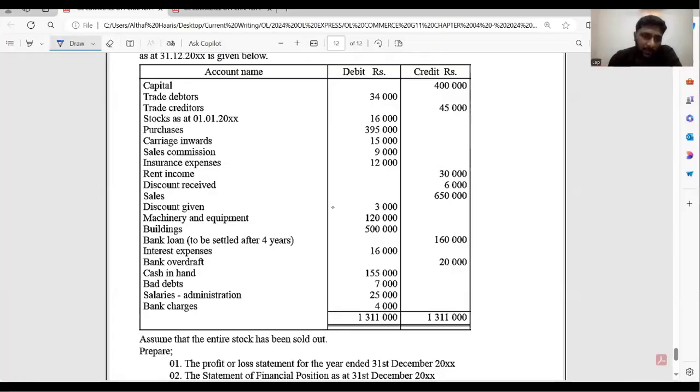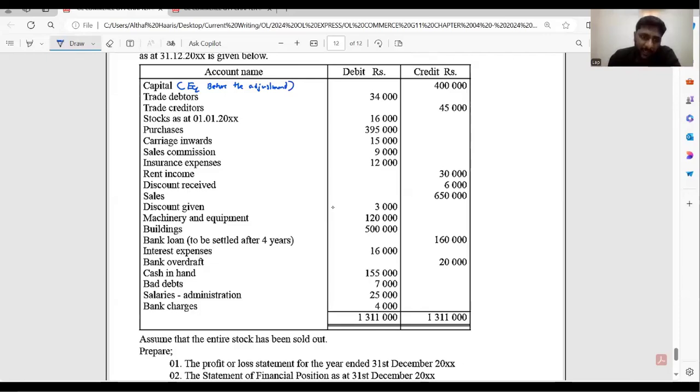So here, I'll just write, this is a part of equity before the adjustments. So this is not closing capital. We have to find the closing capital.